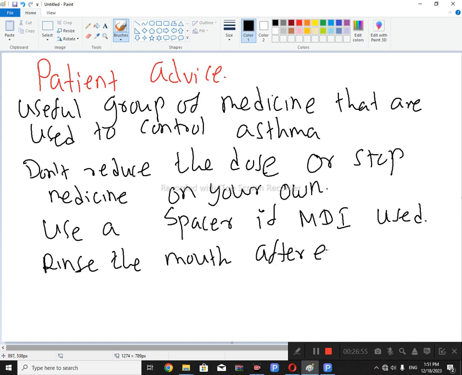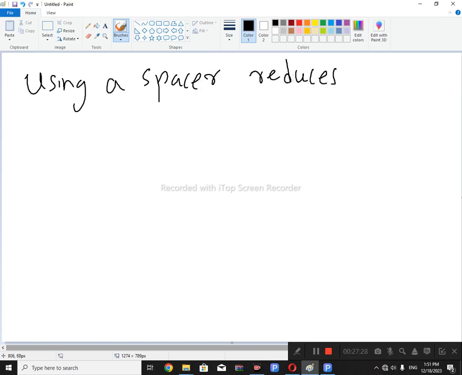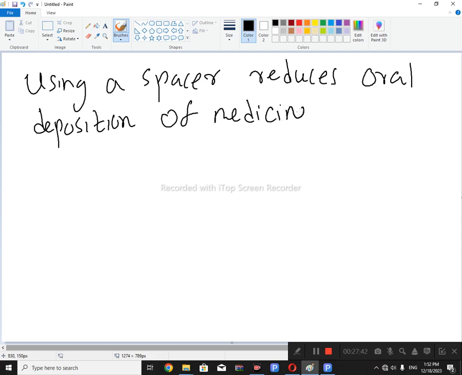Using a spacer reduces oral deposition of medicine.